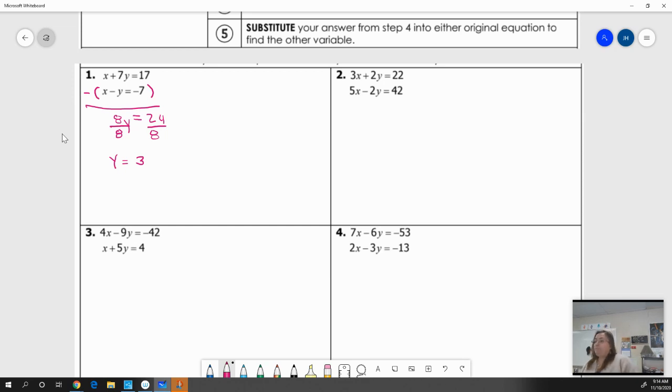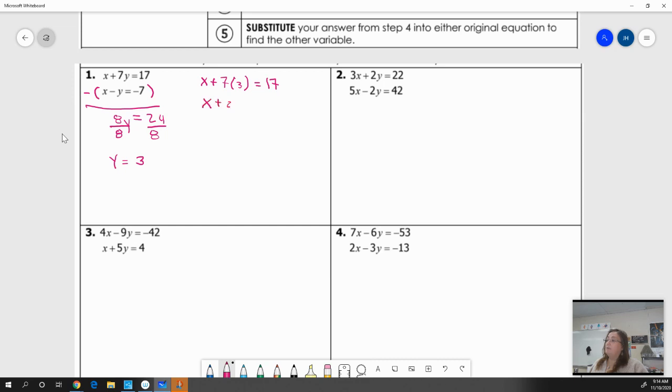So now that I know what my y equals, I can take this equation, the one I didn't play with, and I can write it in. I can go x plus 7y. Well, what is y? Y equals 3. So I'm just going to put in the 3 there where the y would be, equals 17. And then we can go ahead and solve and find out what x is.